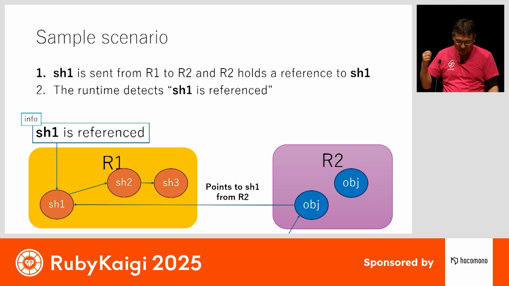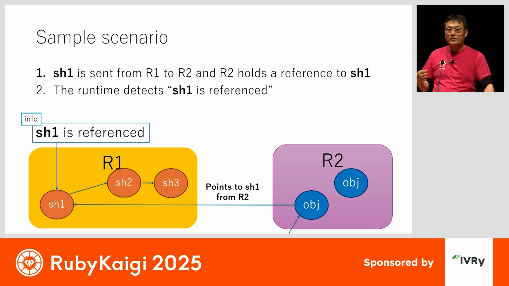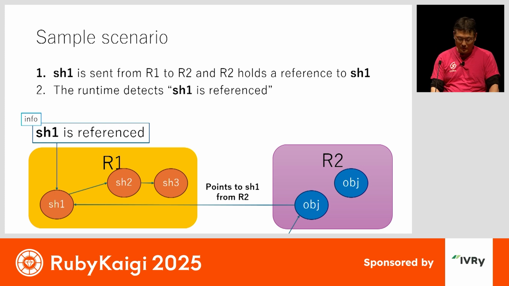So we can mark SH1 as a referenced object, and that information is now used to avoid freeing SH1 during the Ractor local GC in Ractor 1. So there is no problem now.